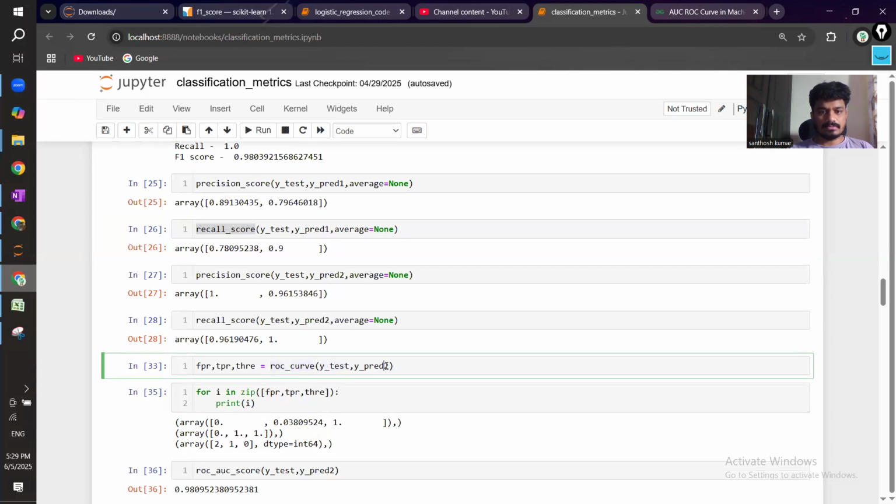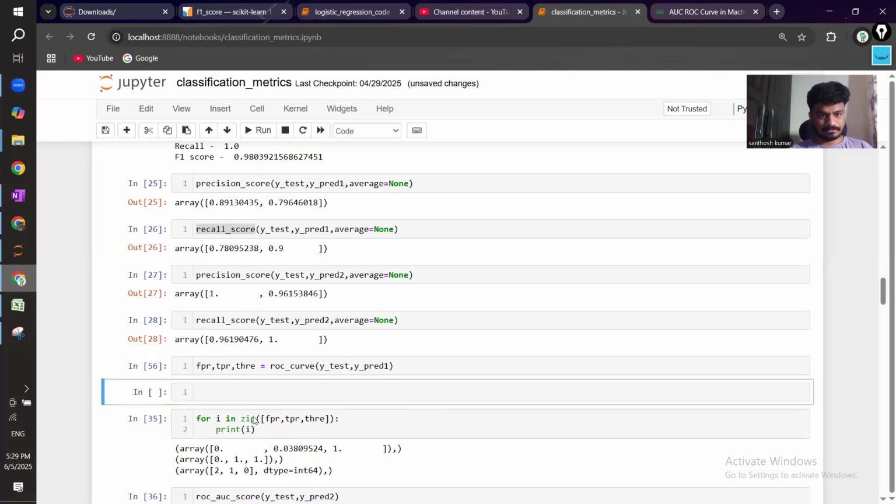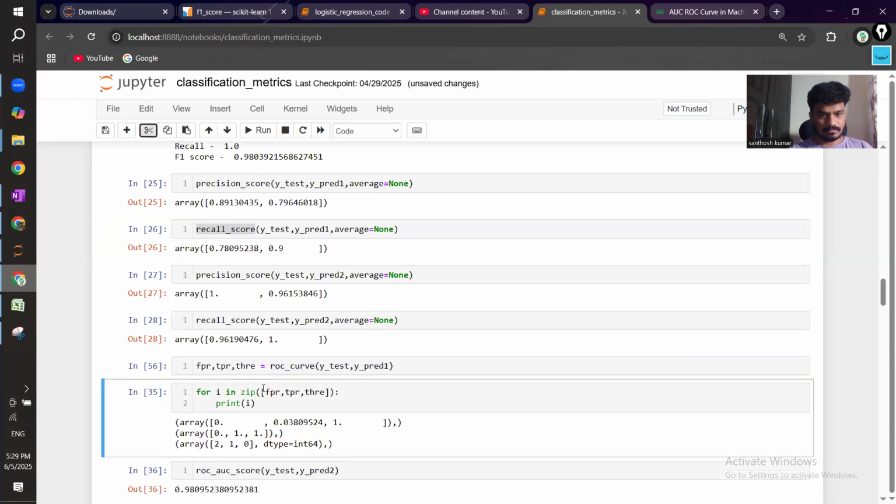If you pass your values, for example, I'm passing y_pred1, that is my logistic regression, it will give you three values, Karthik: FPR, TPR, and threshold. Now if I just zip it and check the values, the last thing is threshold.